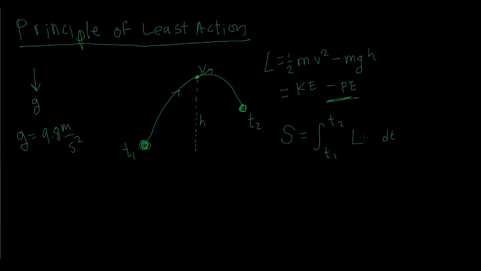And L, you could think of it, if you like, as a function of t, because at every different time, the ball has a different value of L. But usually people don't write that. So I'm not going to write it, but you could. All right, so okay, I've defined L and I've defined S. Well, what's the point?